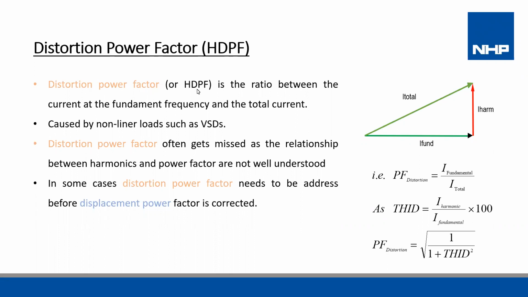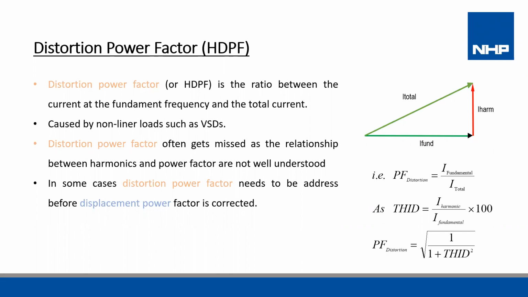It is represented by the ratio between the current at the fundamental frequency and the total current, including the harmonic current. Please note that most commonly installed equipment for power factor correction have no desired effects on harmonic mitigation. In some cases, distortion power factor needs to be addressed before displacement power factor is corrected.